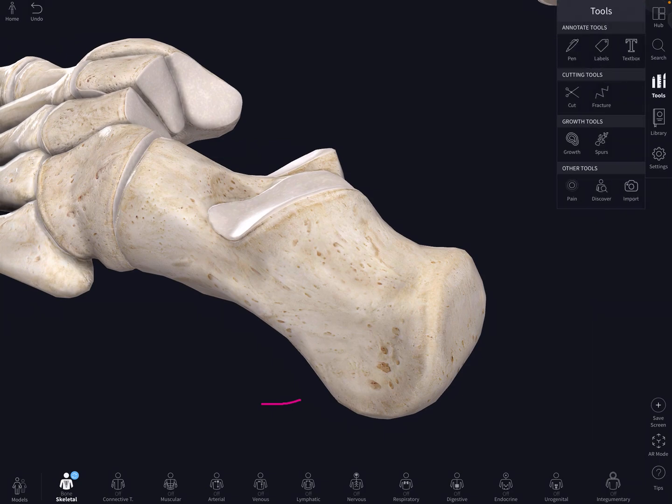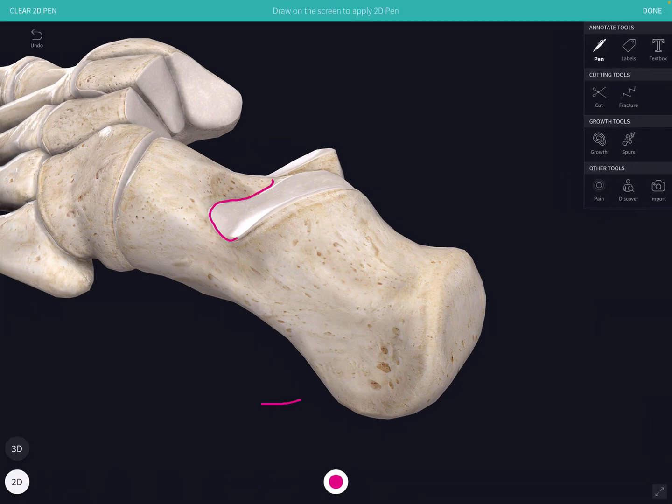If I pick up my tools, you've got an articular surface here which articulates with the talus. Here's the articular surface which sits on the sustentaculum tali. But this anterior projection, the anterior aspect of the calcaneum, has an oval articular surface. It's going to be covered with articular surface in here, and that articulates with the cuboid.